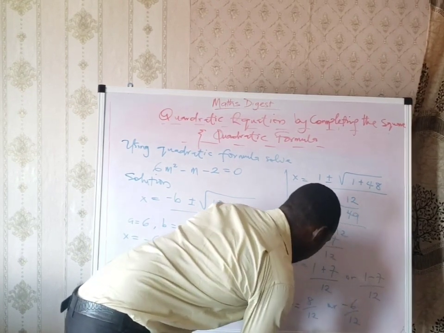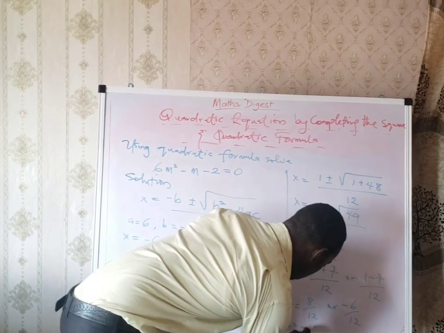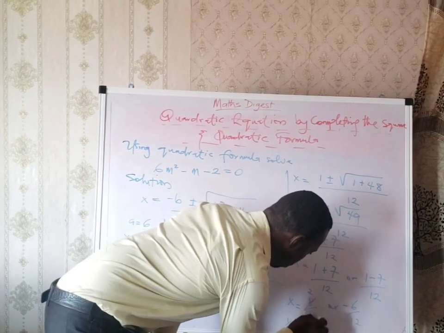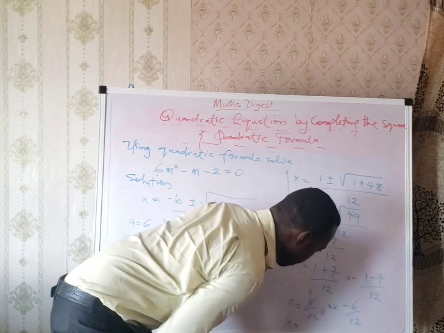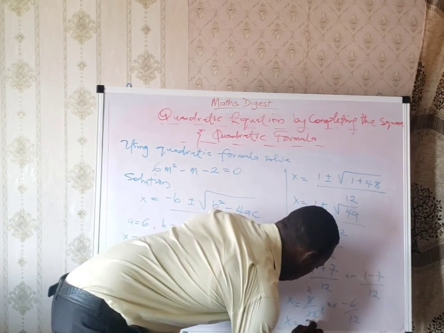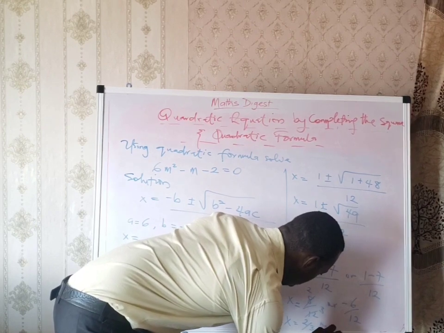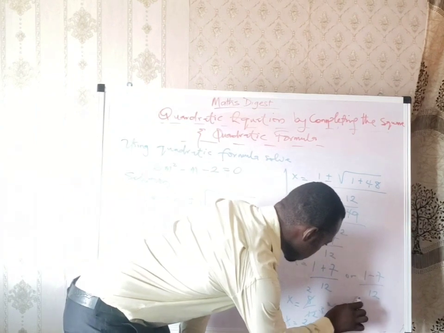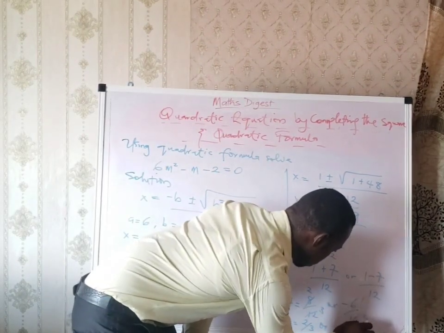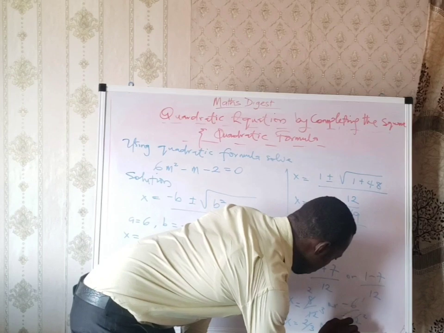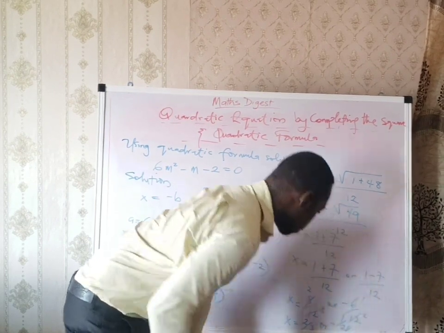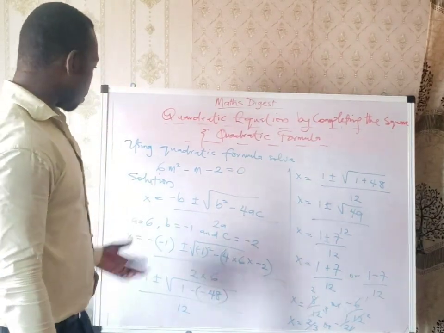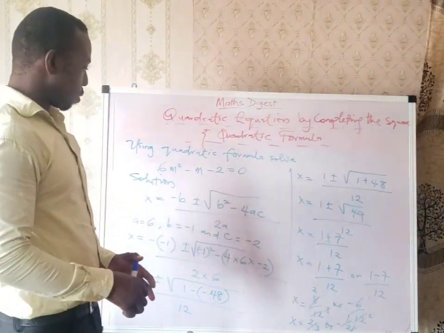Now x will give us equal to, 4 cancel here is 2, 4 here is 3, so we have 2 over 3, or I believe you can see it. Now here 6 cancel here, 1 cancel here, 2. So we have minus 1 over 2. So these are the roots of this equation or expression.